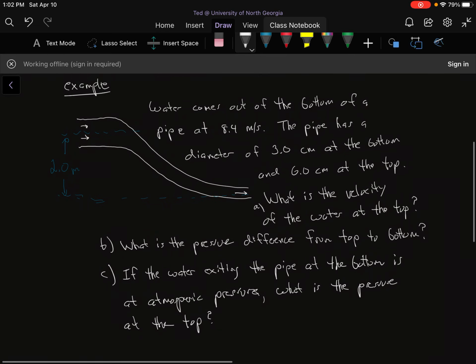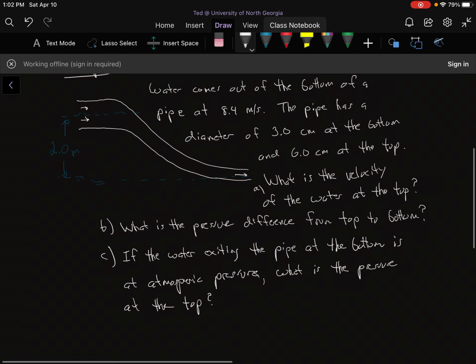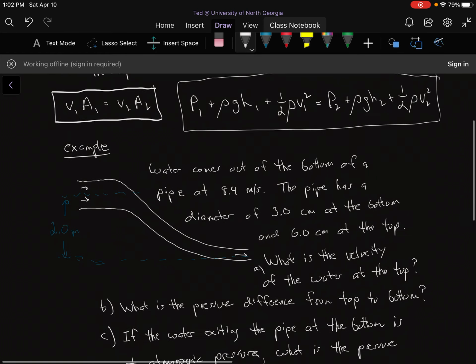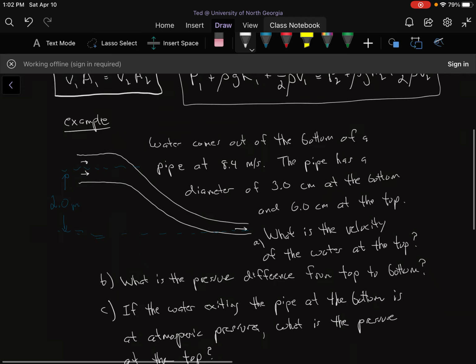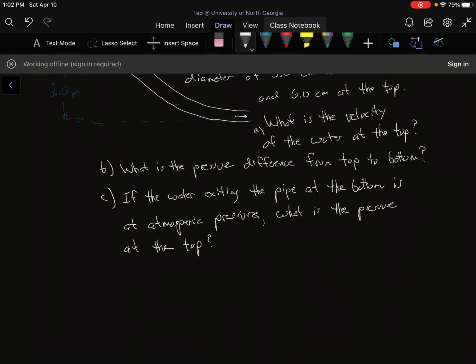Okay, so to solve this, we're going to be applying the two equations that I mentioned above. And to get part A, we're going to be using the velocity equation, or the continuity equation. So for part A, we're going to say that the velocity at the top times the cross-sectional area at the top should equal the velocity at the bottom times the cross-sectional area at the bottom.